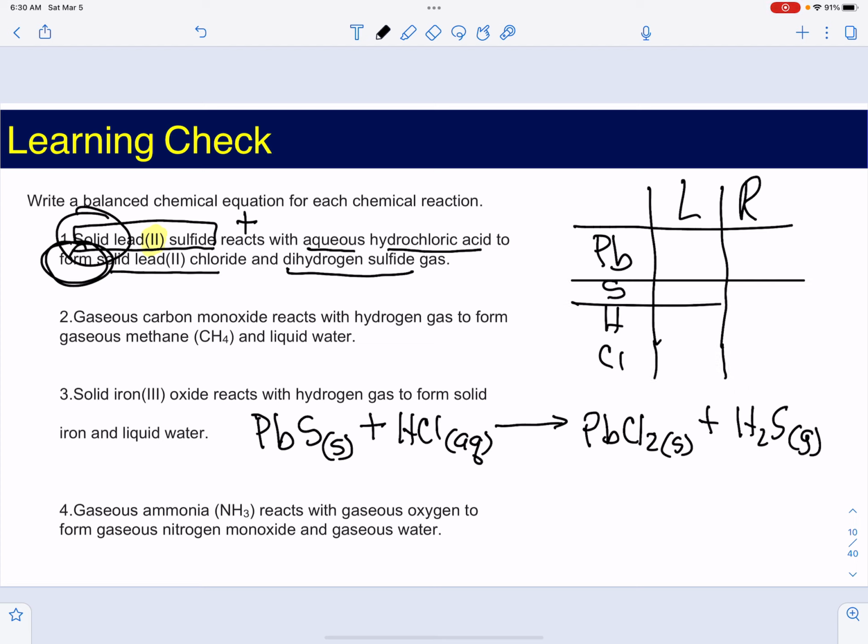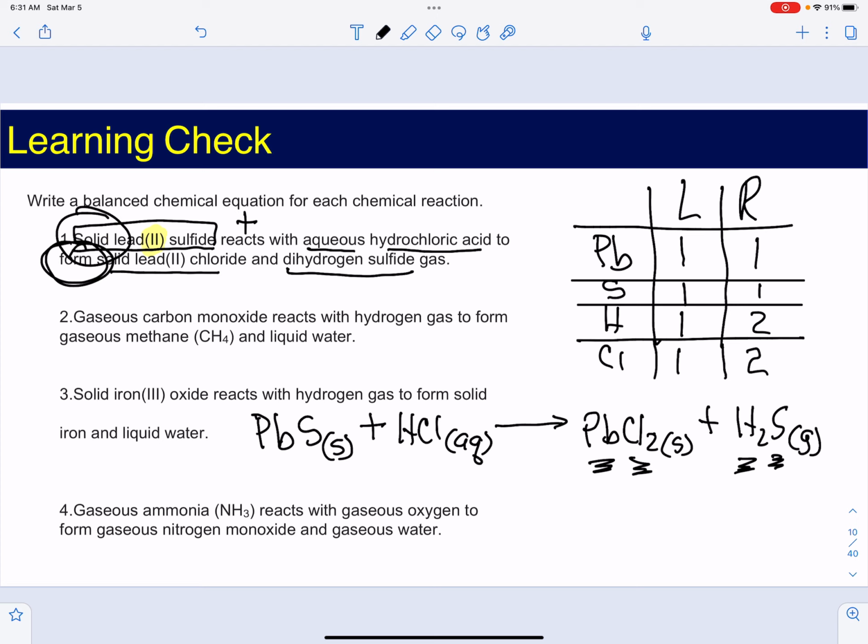Let's keep track of all these. On the left, 1 lead, 1 sulfur, 1 hydrogen, and 1 chlorine. On the right, 1 lead, 2 chlorines, 2 hydrogens, and 1 sulfur.